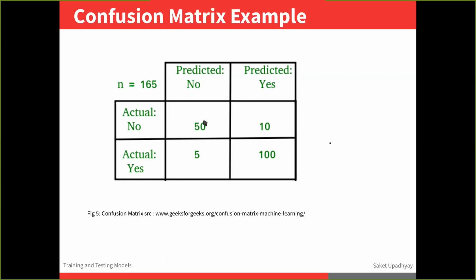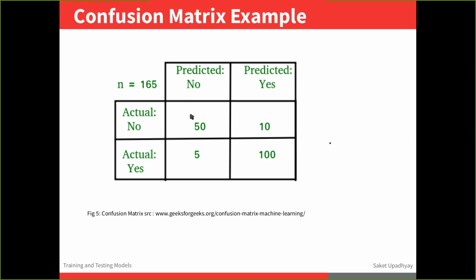The 50 value is a true negative, because it says no and that's true. Then for the yes prediction, 100 of them are predicted correctly.